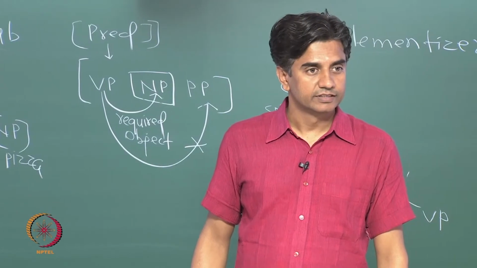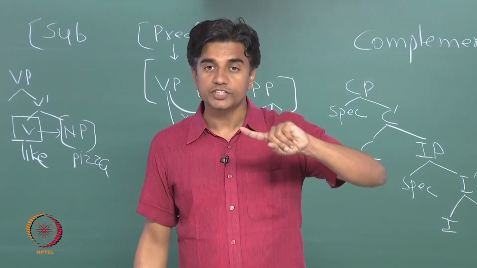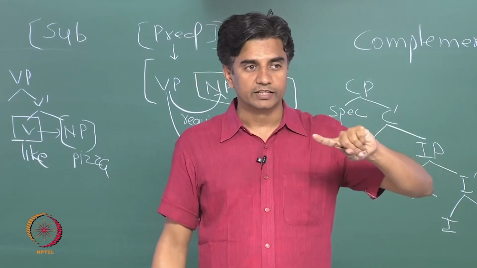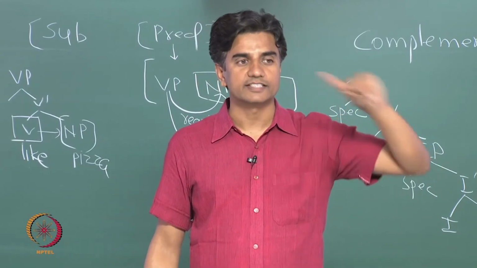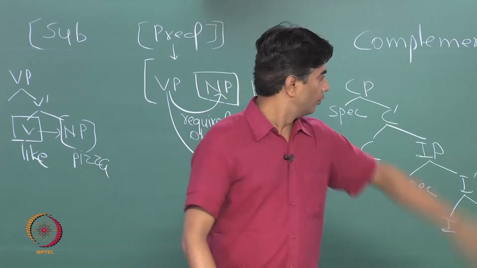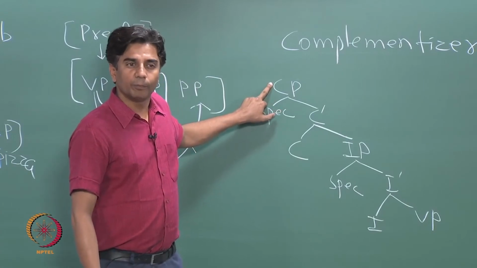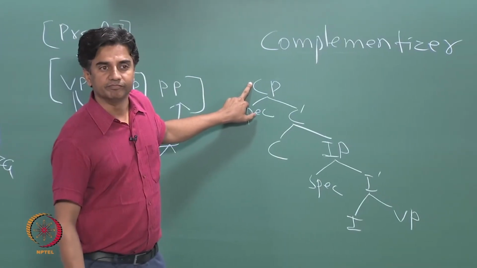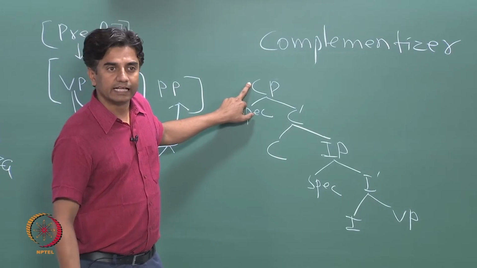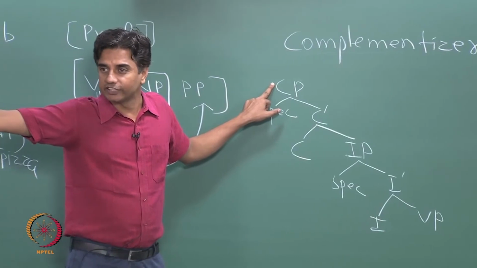Get this thing? And I'm positive you can appreciate at this time what we mean by recursiveness. Okay? We are saying the whole CP could be complement of a V, right? A whole CP could be complement of a V, as you can see on the screen.